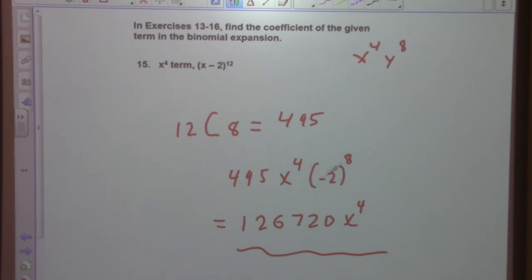How'd you get that big one? What it is, this number here is negative 2 to the 8th power times 495. That's how you get that. Okay? And the problem I have on the back of my shirt is this one here: x minus 2y to the 9th, and what is the 4th term?